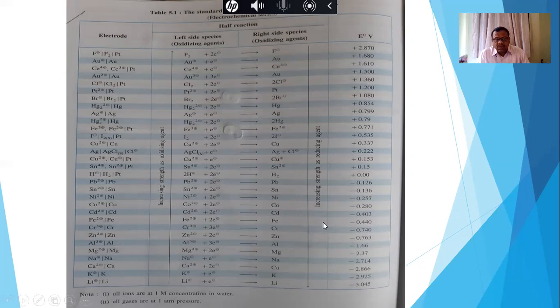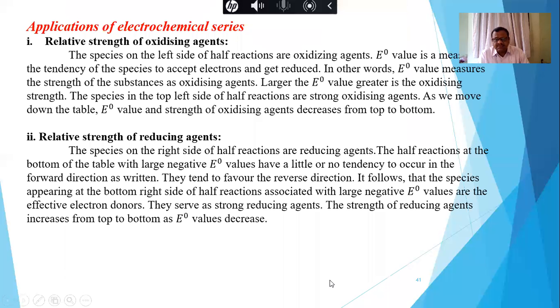So this is the table for your reference, and it is used as a reference to understand the electromotive series or EMF series. Here, 1 molar concentrations of reactants are taken into consideration, and 1 atmosphere pressure is also taken into consideration.